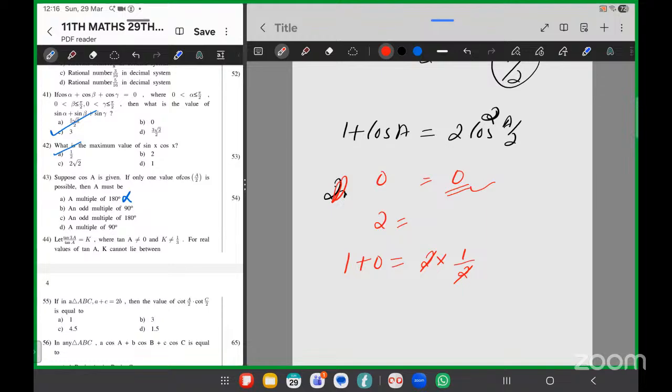But odd multiple of 90, 1 plus 0, but cos square A by 2 हमेशा positive है.